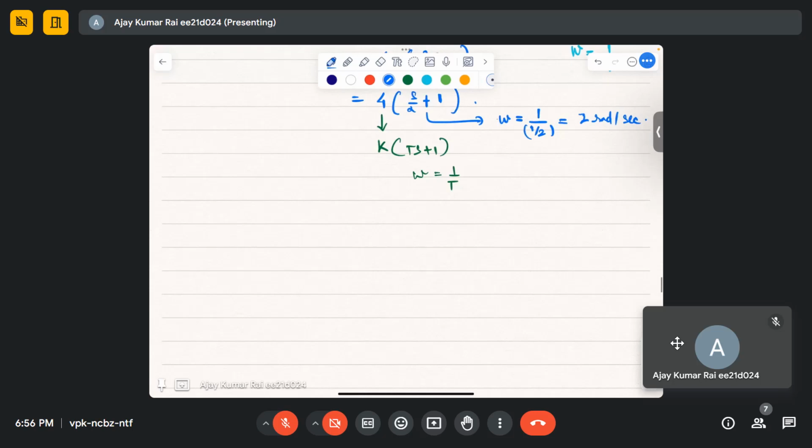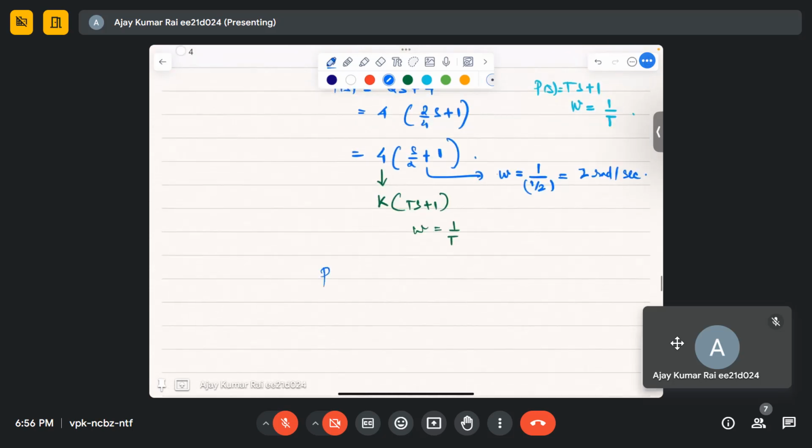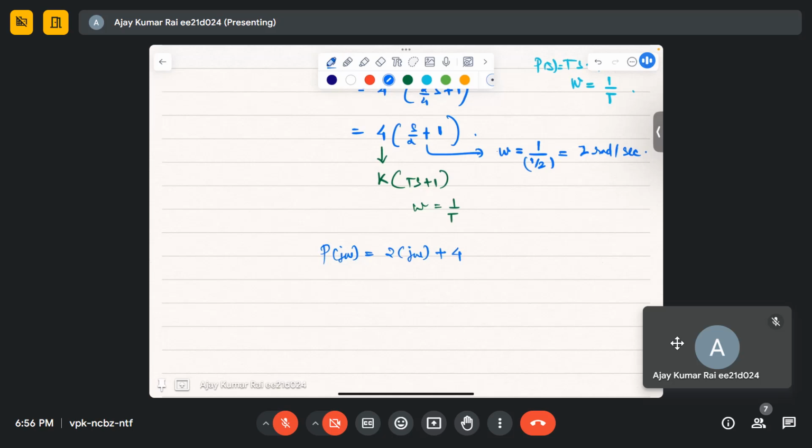So first, what we do is find the sinusoidal transfer function. It will be 2 of j omega plus 4. And how to find the magnitude? Real part square plus imaginary part square, where this is the imaginary part.